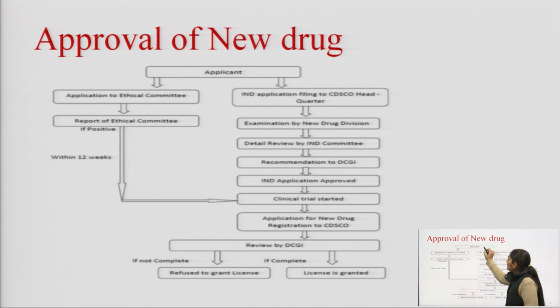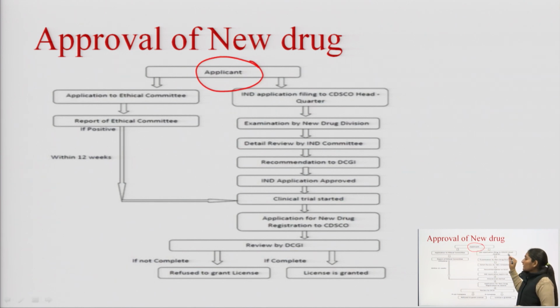In this is the applicant, and the applicant has to fill the IND. IND is for what? The IND application is submitted to the CDSCO for getting the permission to conduct the clinical trial. And also for conduction of clinical trial, an application or protocol should also be submitted to the ethical committee.